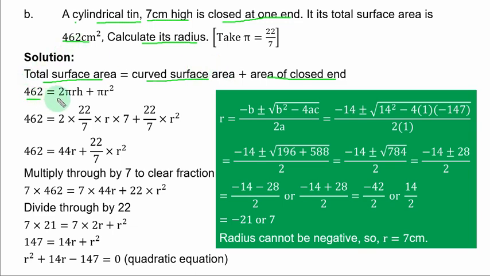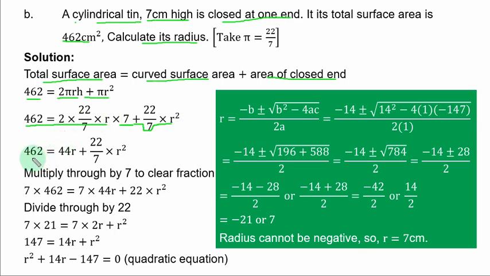So you have 462 equal to, for the curved surface you have 2 pi r h, and for the area of closed end you have pi r squared. So you have 462 equal to 2 times pi, which is 22/7, times radius unknown, times height which is 7, plus pi again, 22/7 times radius squared.